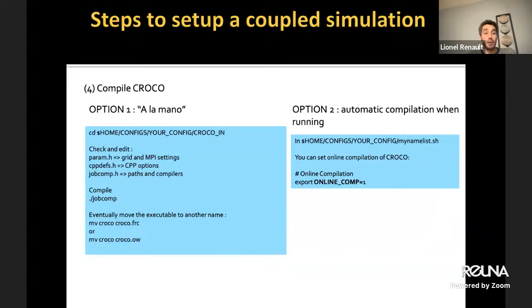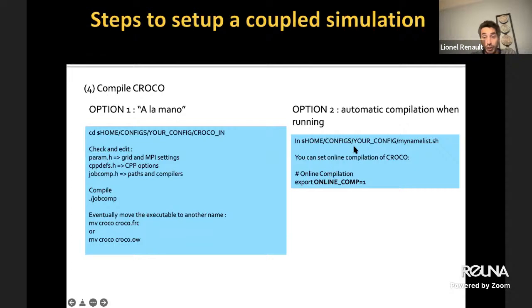Then, of course, you want to compile CROCO, so that's the usual way, but you have to make sure that in your cppdefs, you activate the coupling options. OA coupling is for ocean and atmosphere, and OW coupling is for ocean and wave. So if you want to couple both atmosphere and wave, you have to activate both options.